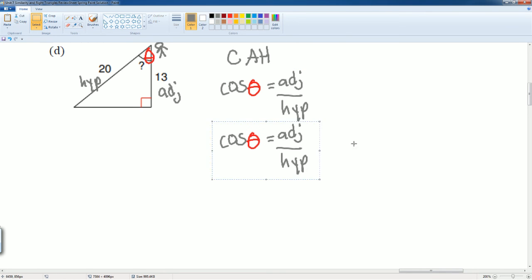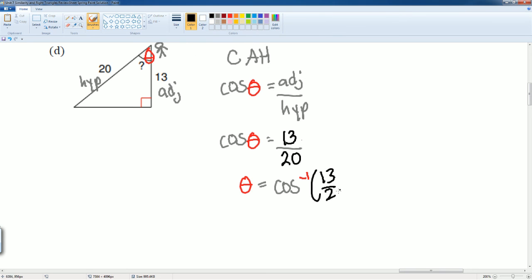Now we can make the substitution. So here, the adjacent becomes 13, and your hypo is 20. Now to solve for theta, let's do the inverse of this. So theta equals cosine inverse, parentheses 13 over 20.